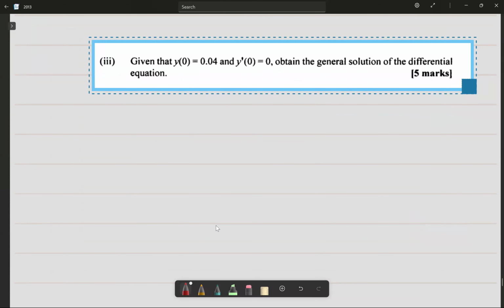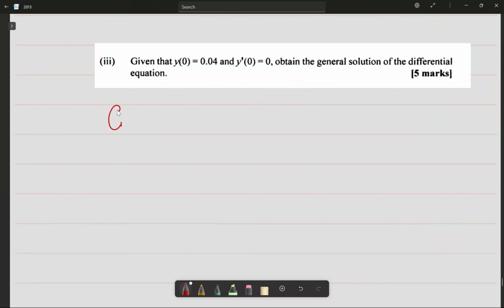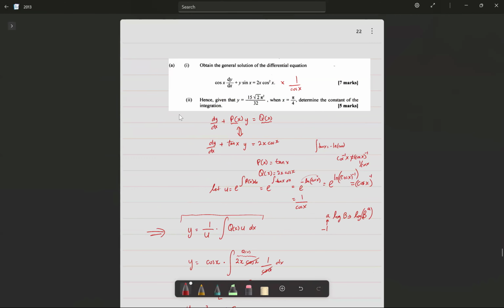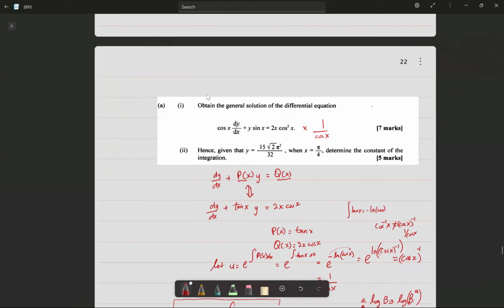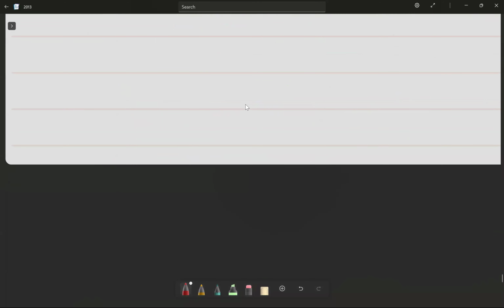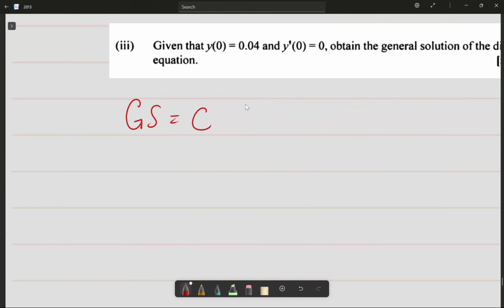Now they're saying that, okay, we found a complementary solution earlier, right? But now it's time that we have to find the rest of the things. The general solution is going to be the total. We were told earlier the general solution is the complementary function plus a particular integral. So that's equal to the complementary function plus the particular integral.